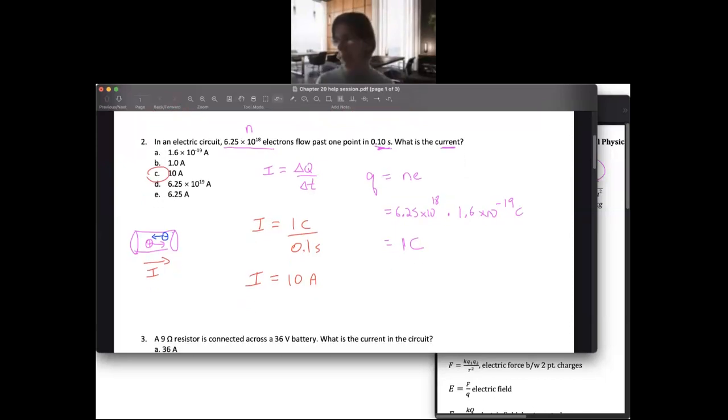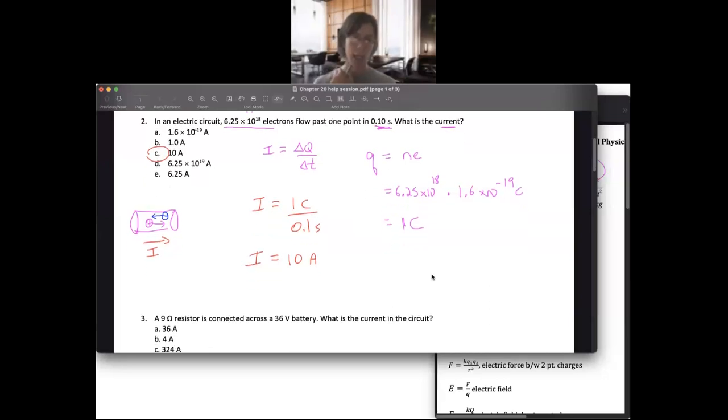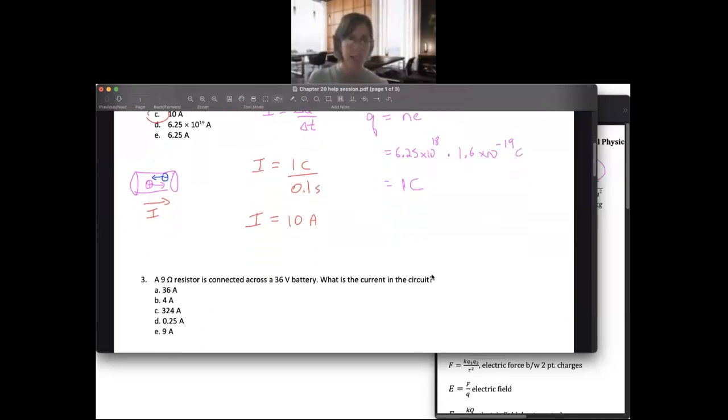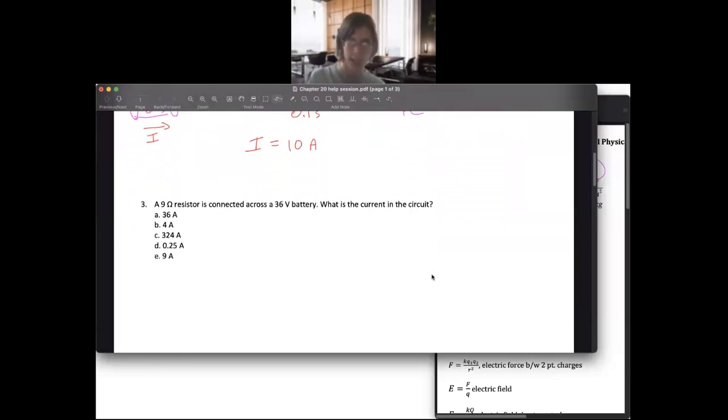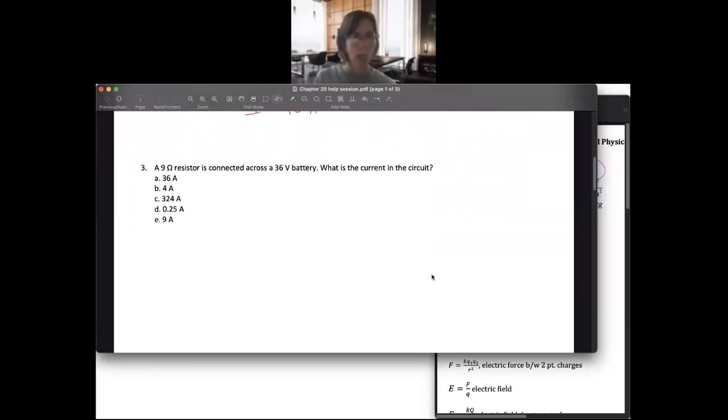Don't hesitate to put a thumbs up so that I know that everyone's doing good. Awesome. And this next one, I want everyone to just take a second and try it on your own and put your answer in the chat. Hopefully this is the easiest one out of the bunch of 6 questions here.